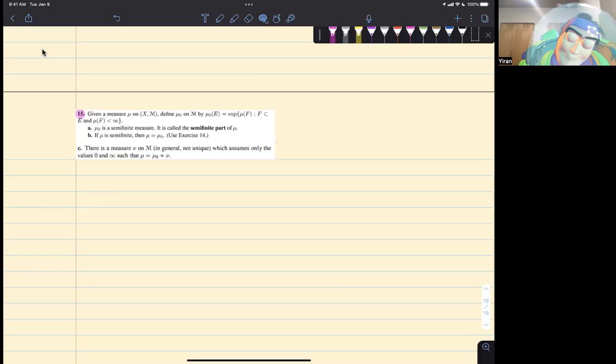Right, and then what is this? Notice that mu of Fj is larger or equal than a particular thing, so this is larger or equal than the sum from 1 to n of mu naught of Ej minus epsilon times 2 to the negative j.